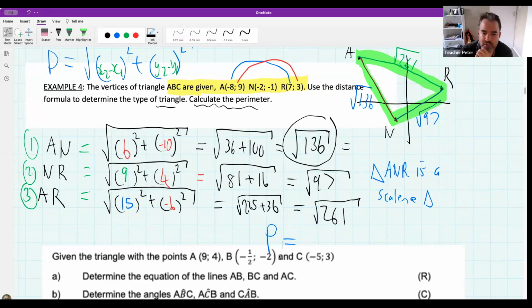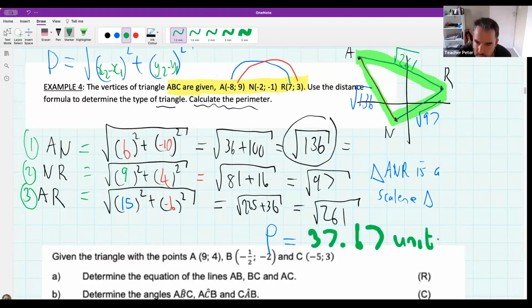Pop your answer in the chat there. I only see one answer so far, so I can't be certain it's correct until I see a few more. Aha. Callan, Quena, Buchle have all spoken, and they have spoken the truth, 37.67 units. All right, fantastic.